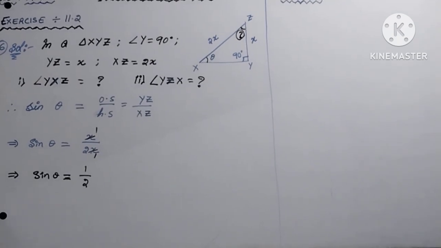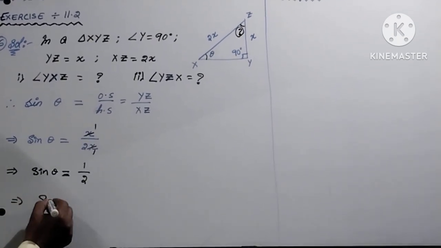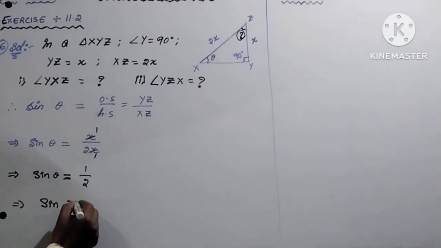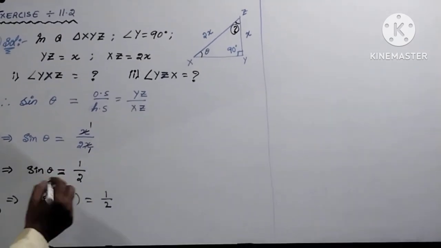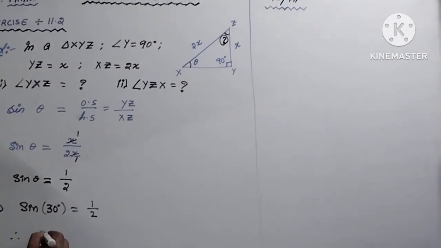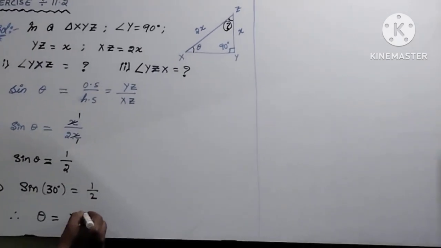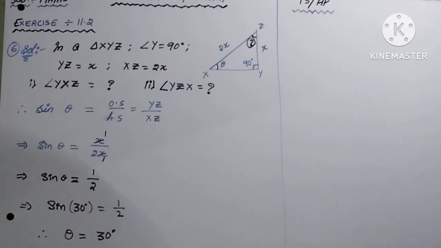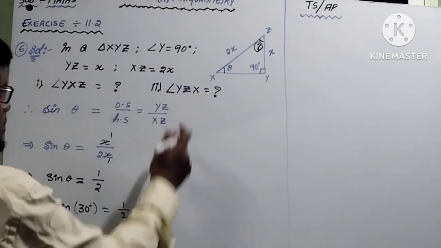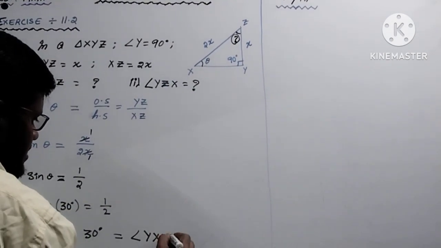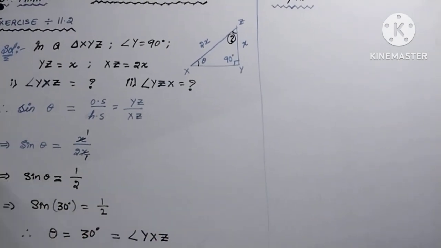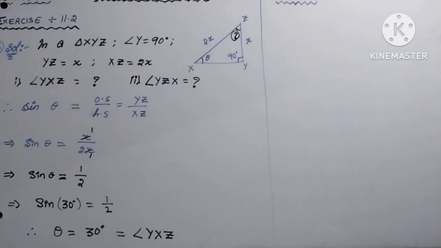Sin 30 degrees equals 1 by 2. So theta is equal to 30 degrees. That means I got the value of X: angle YXZ is 30 degrees. Any doubts in this step?